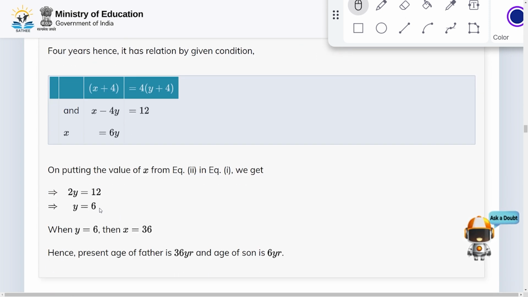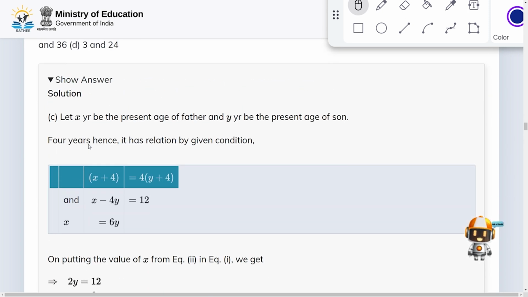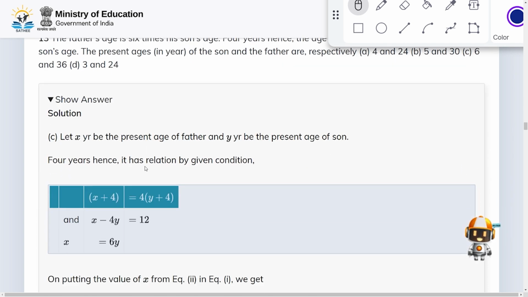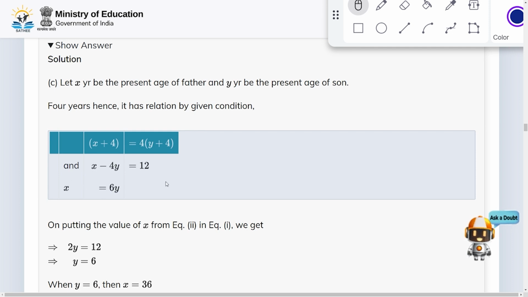And from the information that the father's age is 6 times his son's age, we get the equation x is equal to 6y. So basically we get a pair of linear equations: x minus 4y is equal to 12 and x equal to 6y.